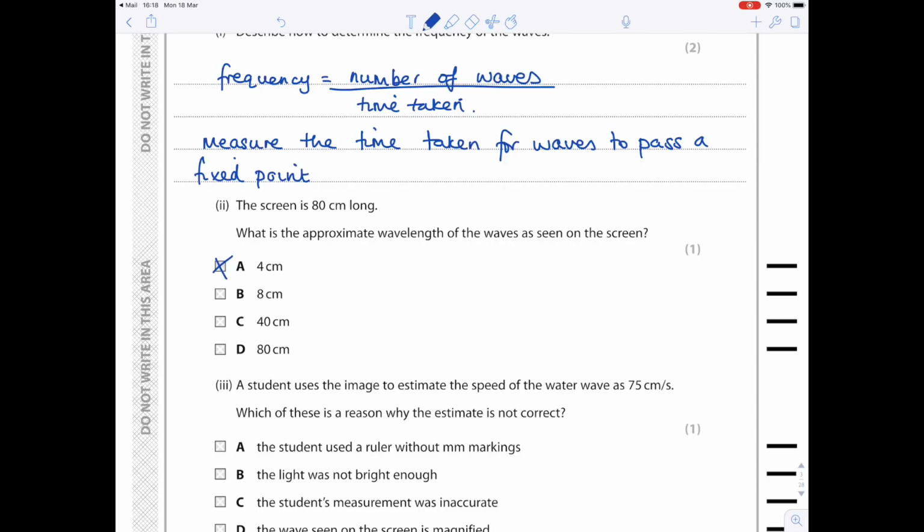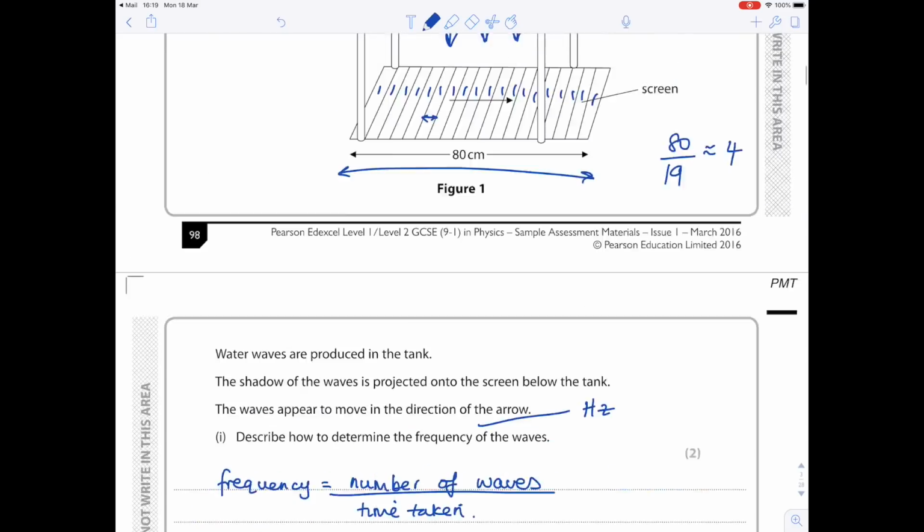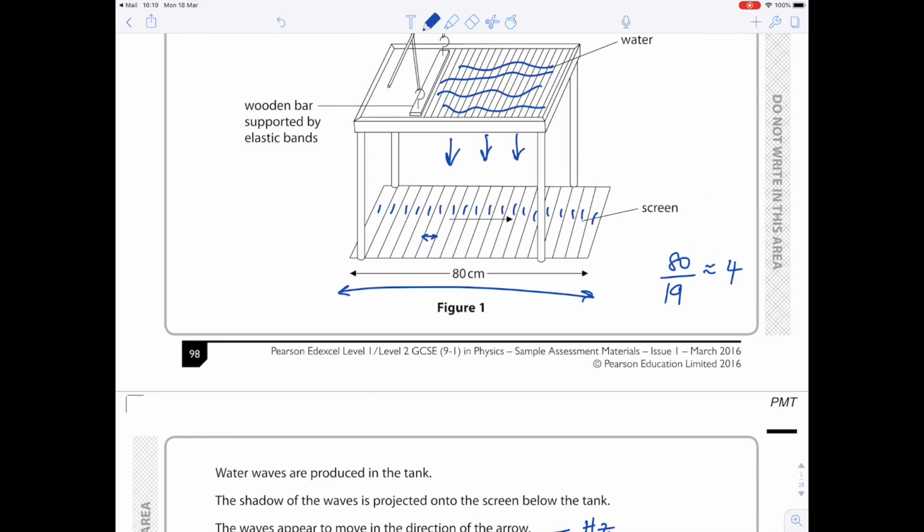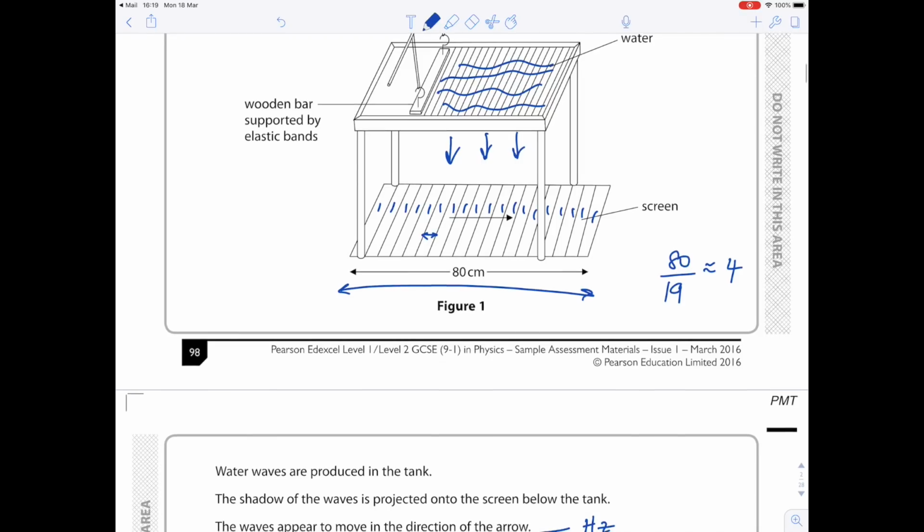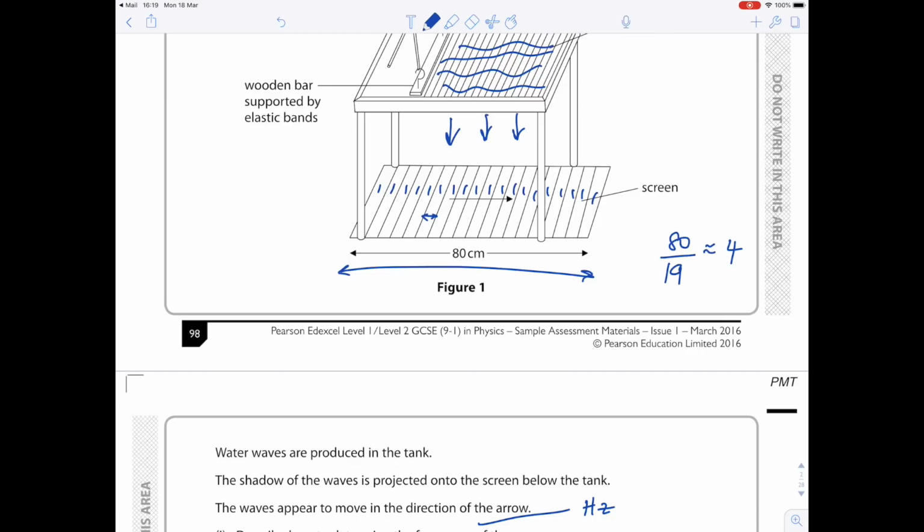The student uses the image to estimate the speed of the water waves as 75 centimetres per second. Which of these is a reason why the estimate is not correct? And really, for me, the biggest problem here is we're using an image. If you have a look, the image being produced on the screen is much bigger. So the waves being produced on the screen are much bigger than the water waves themselves. So that's going to really impact our wave speed.